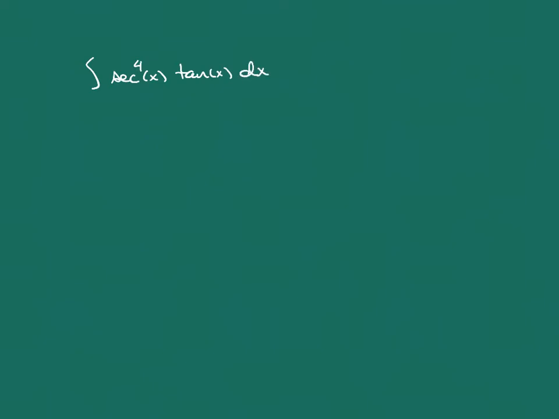If we've got a secant to the fourth, we take out a couple of powers of secant. That leaves us with a secant squared and then a tangent, and then we've got a secant squared of x dx, which is in reserve for what will become our du.